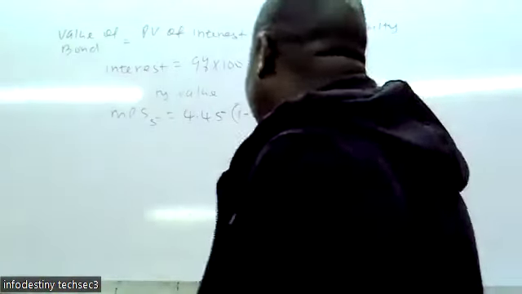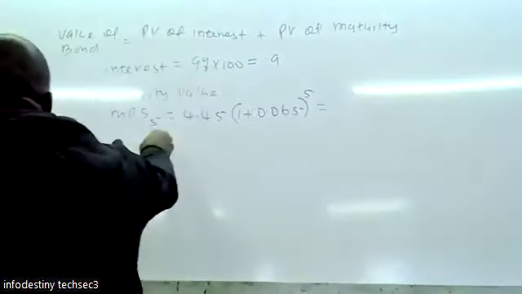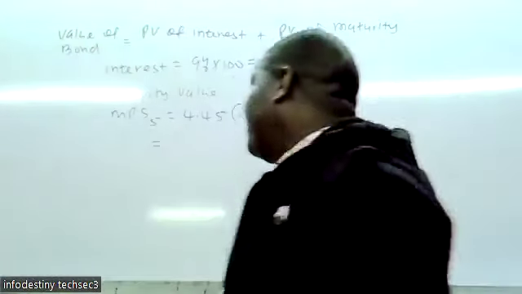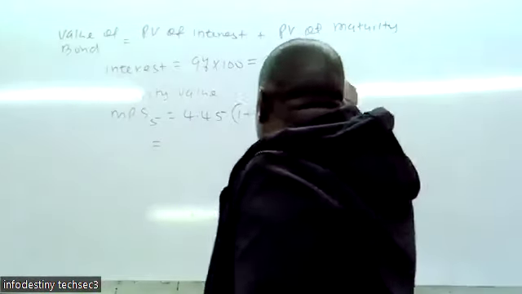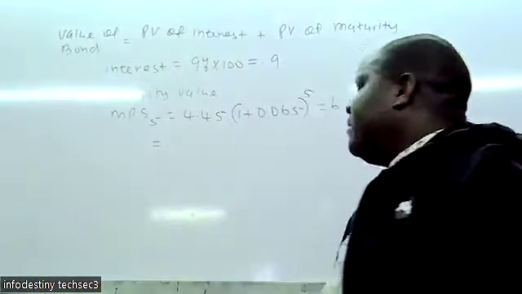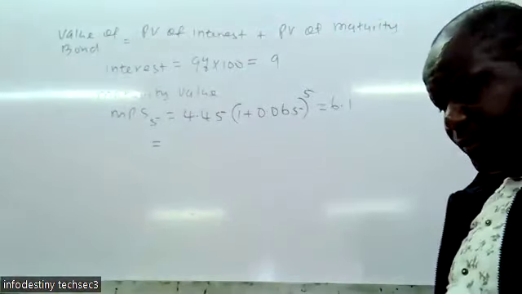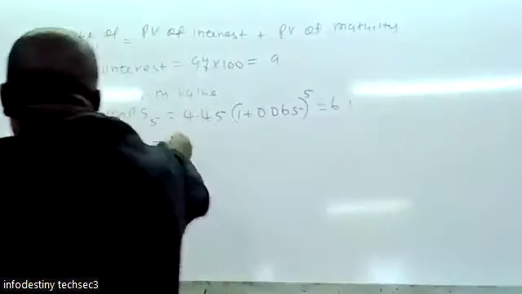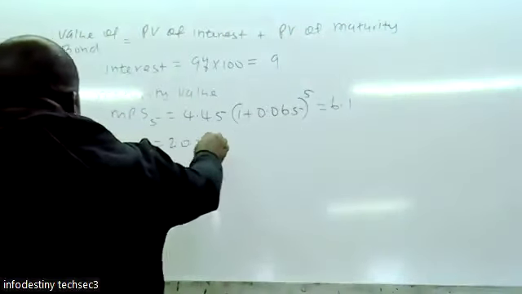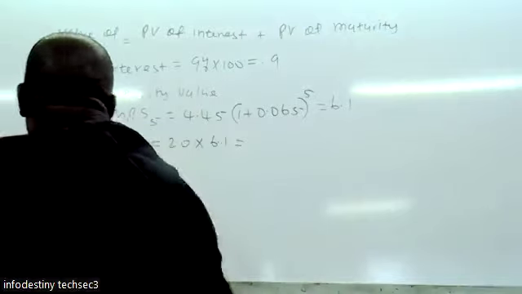So now after that, they had said that the bond was converted into 20 ordinary shares. So to get the maturity value, take the 20 ordinary shares multiplied by 6.1.